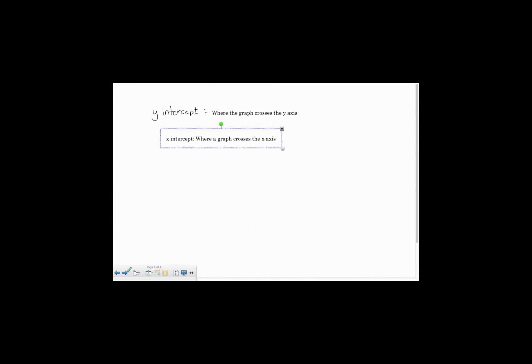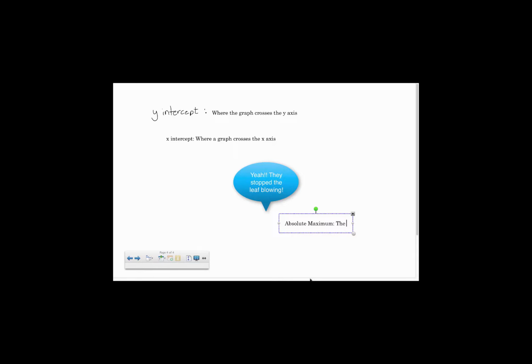So let's add those to our list of definitions. Absolute maximum, and that means the highest point of the entire graph.